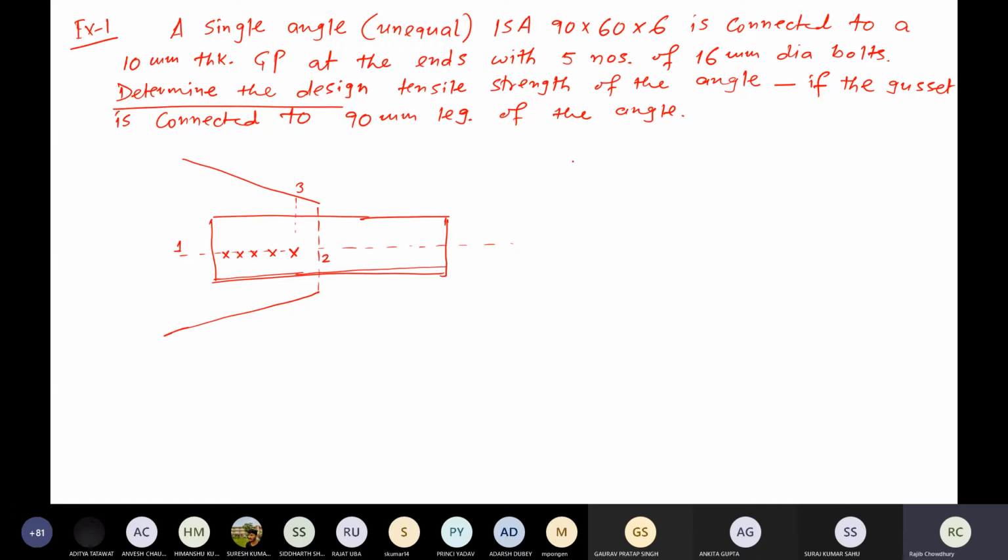And if I take the other view, this would be the gusset, and over this gusset one plate, the angle, is connected.